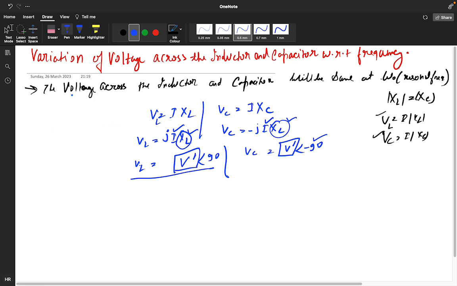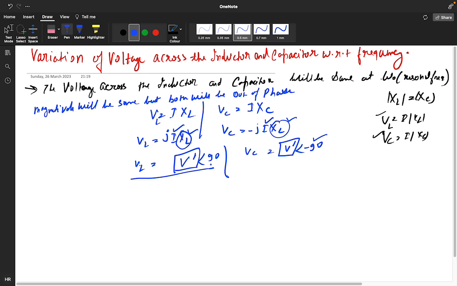So it will be the same at omega naught, meaning the magnitude will be the same, but both will be in opposite phases, out of phase, which means 90 and minus 90. Therefore the net reactive voltage is 0.